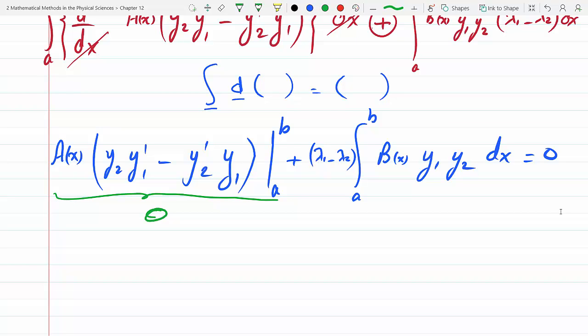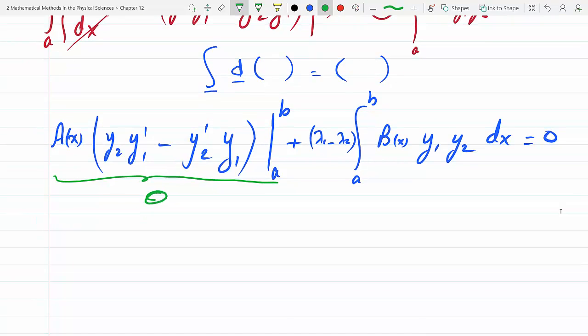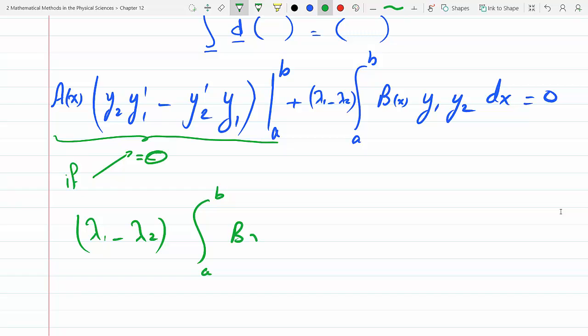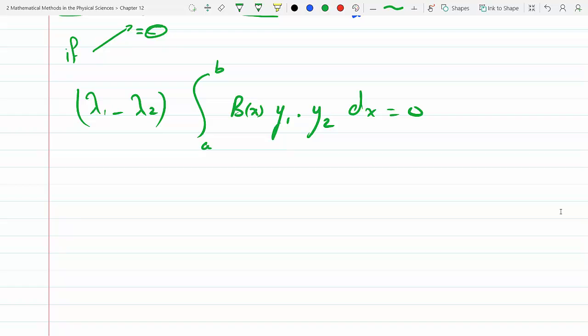If this equals 0, then I would have left lambda 1 minus lambda 2 times the integral from a to b of b of x y1 times y2 dx equals 0. So either lambda 1 equals lambda 2, which would mean that y1 equals y2, and this is a trivial case because we're talking about the same solution.